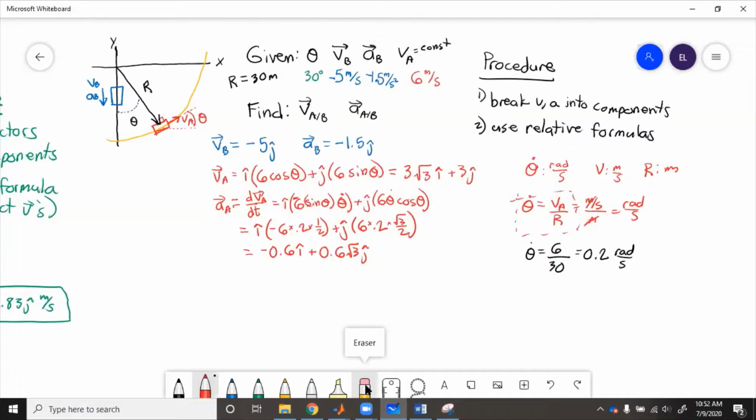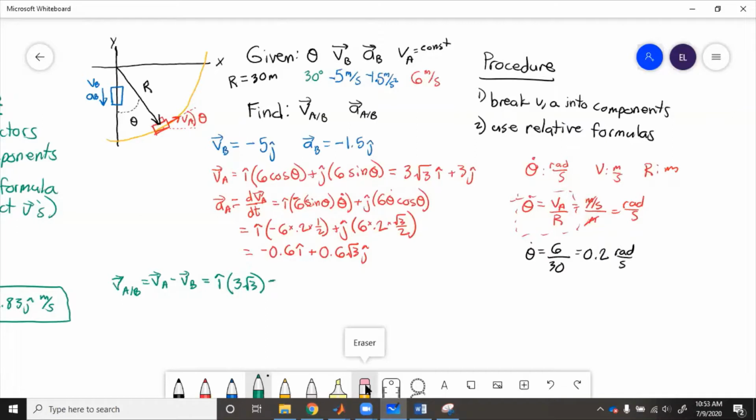So next we need to use those relative formulas. Here it's just plug and chug. We know velocity of A with respect to B equals velocity of A minus velocity of B. So in the i hat direction, velocity of A is 3 square root 3, and VB does not have an i component.